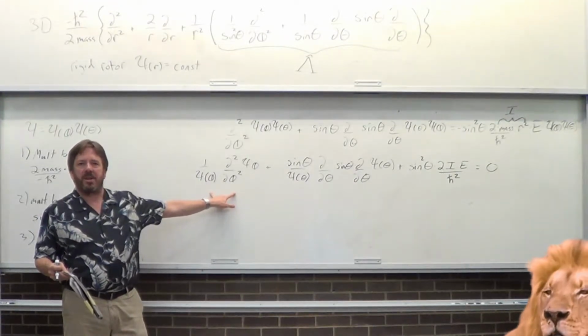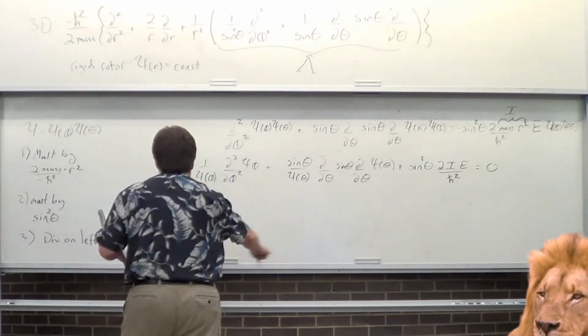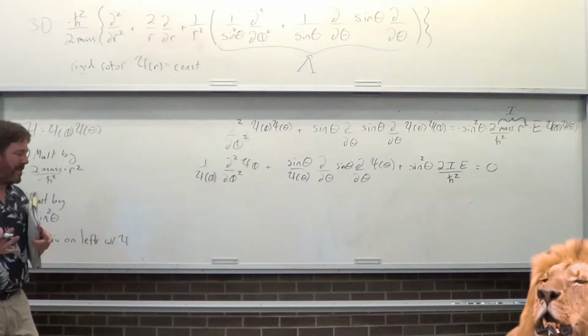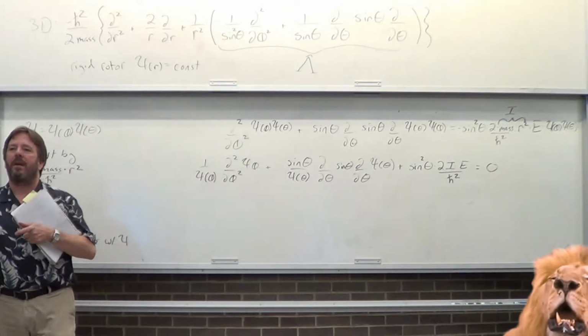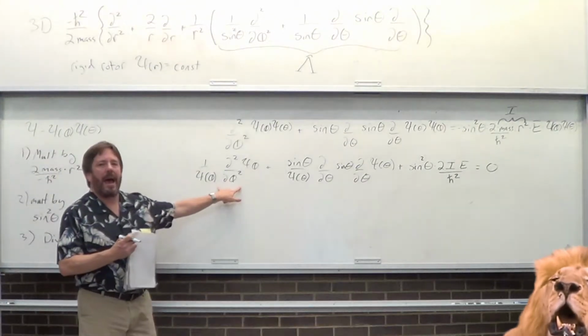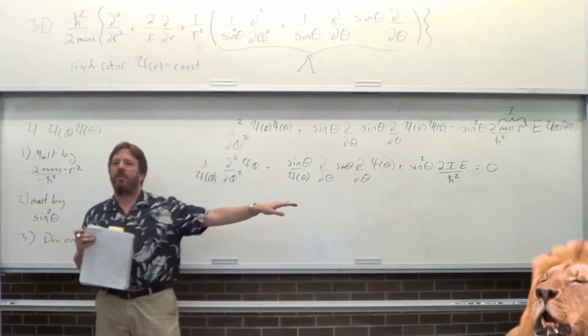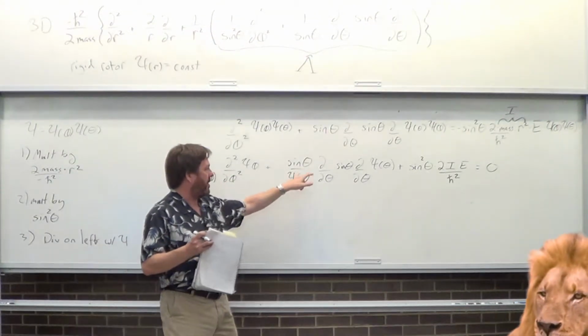This is the angular projection in z. It's actually the xy part, but the j is in the z direction, so I call that my z component. And it's a projection. This was all you had when we were doing a 2D rigid rotor, and now it's part of something else now that we're in 3D. How could it not be? We had to add a dimension, that means add a variable, the theta variable.